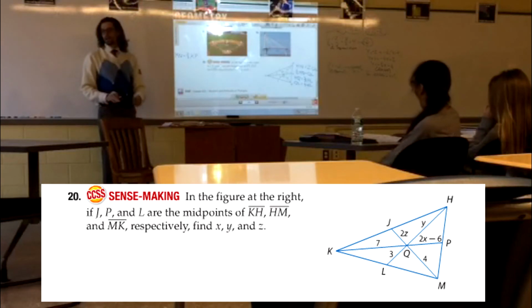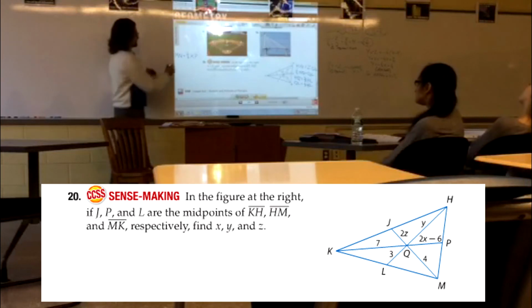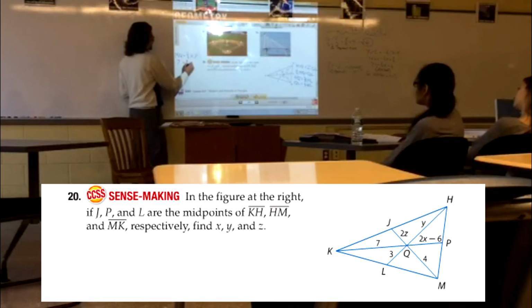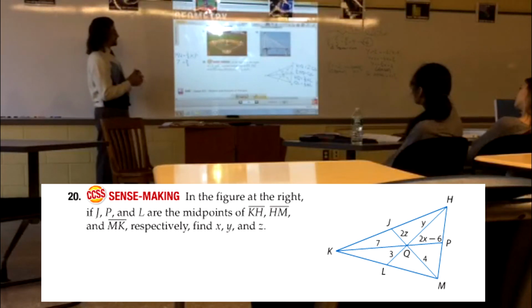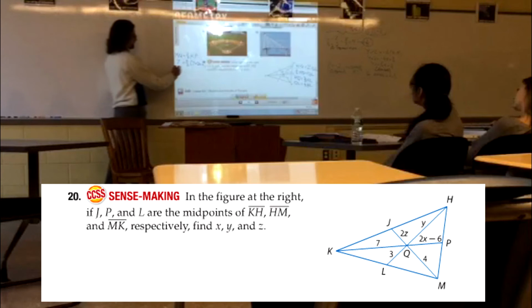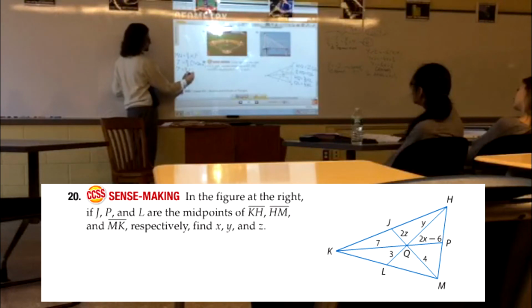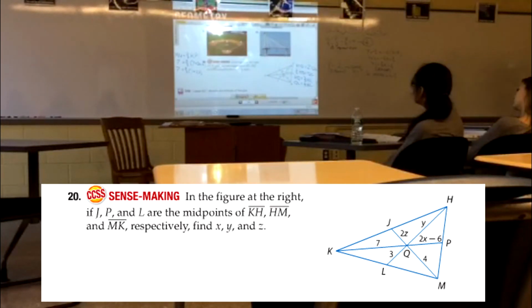Do you know what the measure KQ is? 7. Do you know what KP is? KP is 7 plus 2x plus 6. That whole thing. So let's simplify here. You get 7 equals 2/3 times 1 plus 2x. So you'll get 2/3 plus 4/3 x.